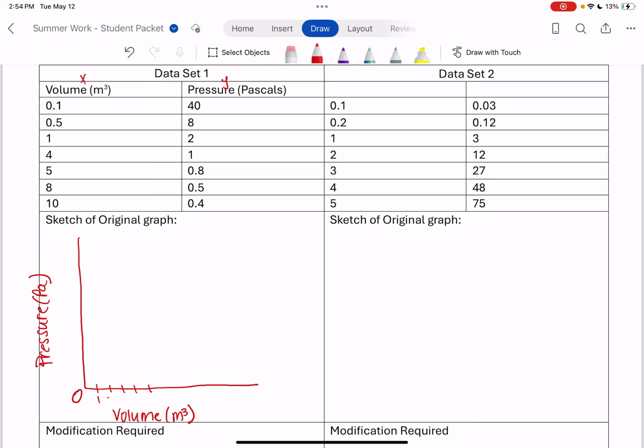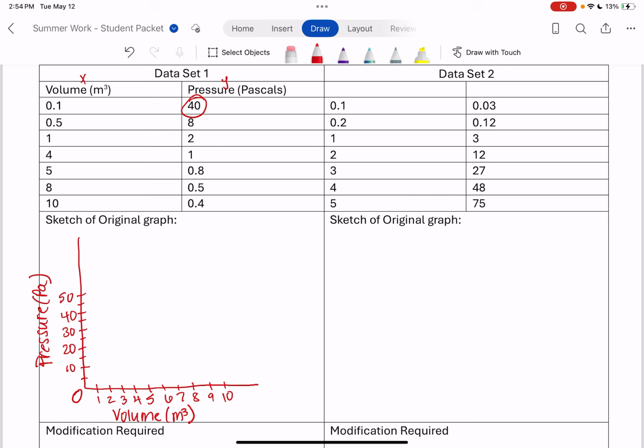You can probably put it on like double speed here while I'm graphing. And our biggest pressure is 40, so I'm going to go up by 5s. So that would be 10, 20, 30, 40, 50.